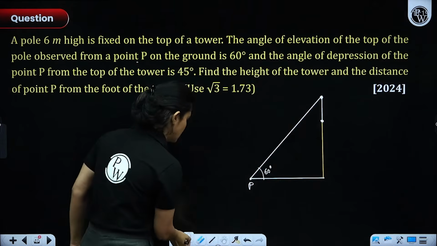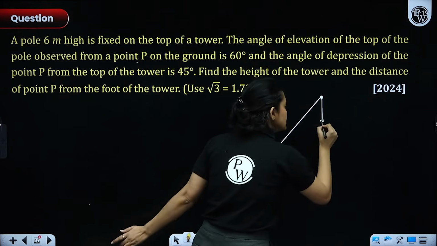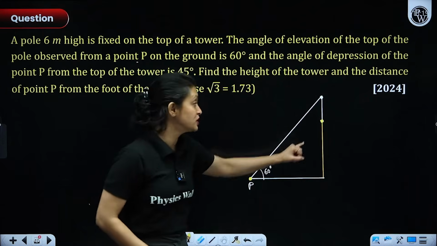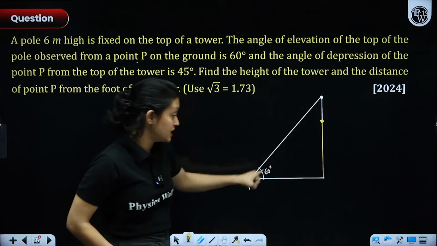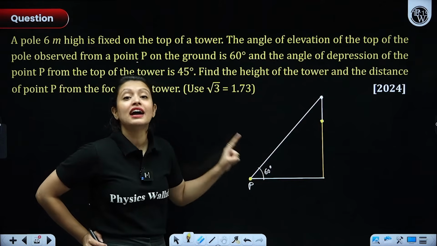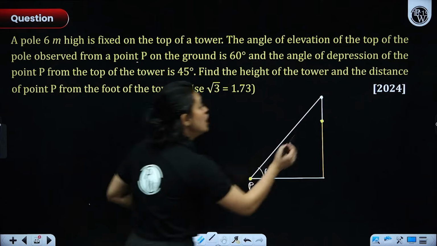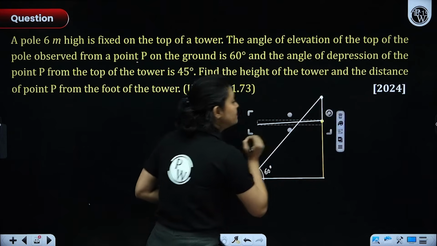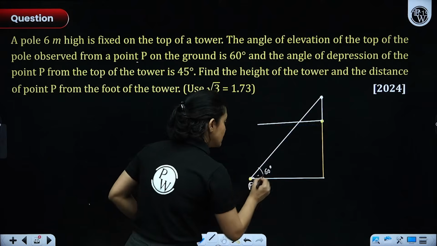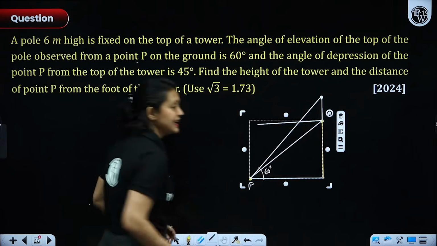Now, from this top of the tower, point P is being observed. So, this is the point of observation, guys, and this here is the point being observed. And in that case, the angle of depression is being told. Okay? So, this here is what? This here is the horizontal for the second case. Okay? This here is the line of sight for the second case, everyone.